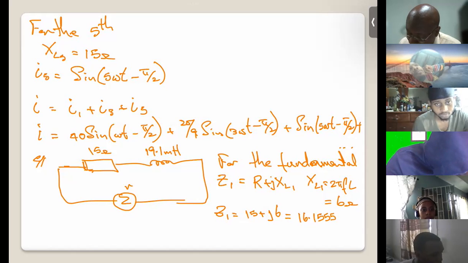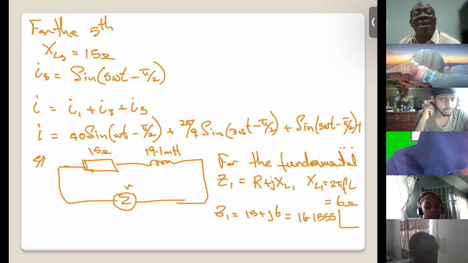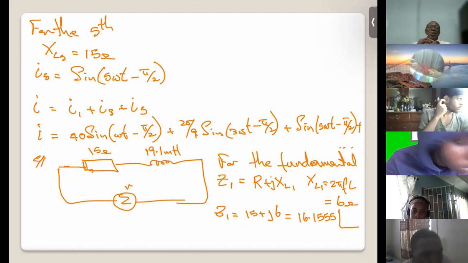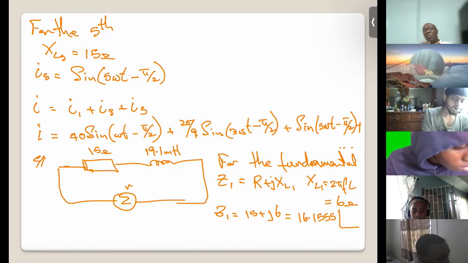At an angle of? 21 point... oh no, these are degrees, sorry. Good. So just put your calculator in radians and redo it. I'm happy you picked up quickly.